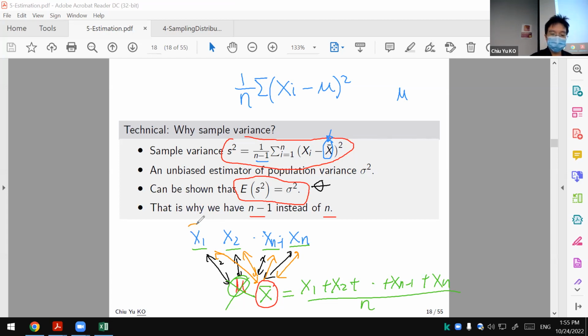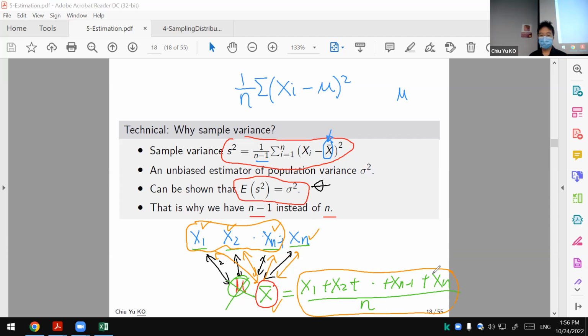The problem is that only the changes in the first n-1 matter. The reason is if I know x bar and I know the first n-1 guys, the last one is fixed, because they have to satisfy this equation: x bar comes from the n data.